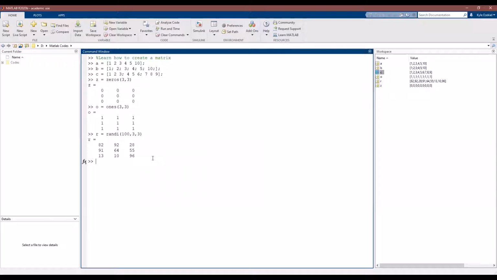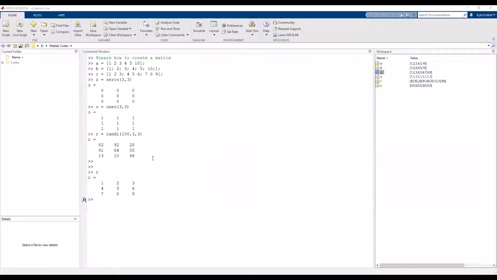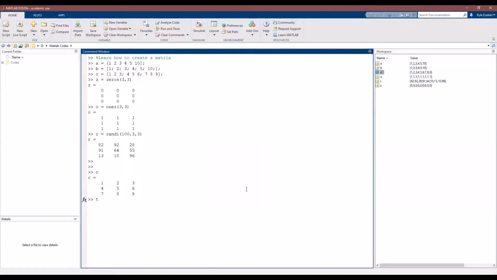Let's just use C. Remember these are our values for C: 1, 2, 3, 4, 5, 6, 7, 8, 9. Then I want to transpose. Transposing in MATLAB is quite easy. It is just denoted by the quotation mark. Let's name it T for transpose, then C, then put the quotation mark.